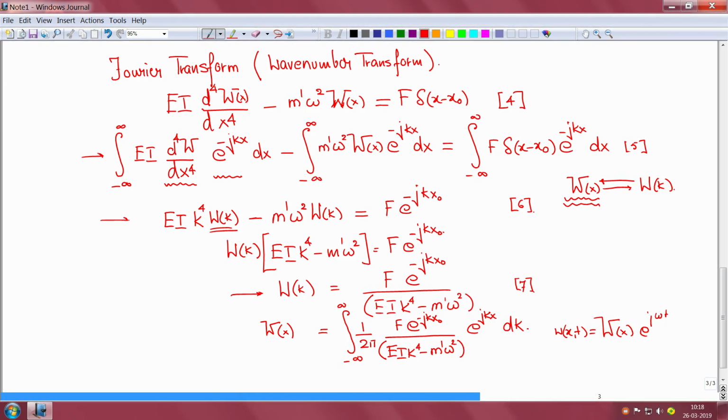Now, this integral over here can be integrated using contour integration in the complex domain. And in many branches of engineering, similar integrals one does come across. So, this will serve as motivation.